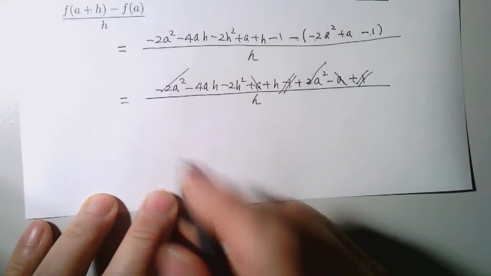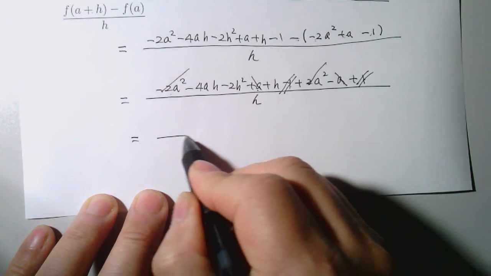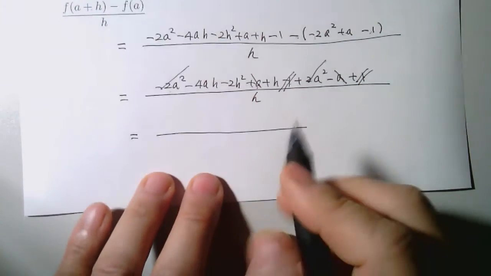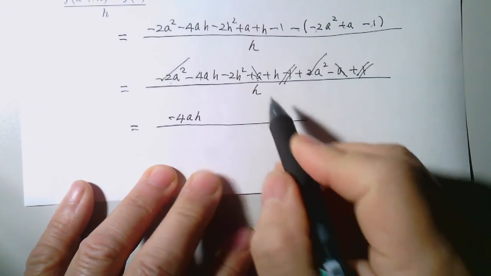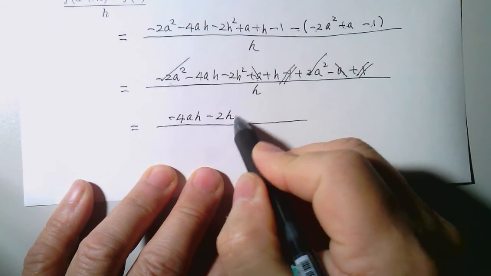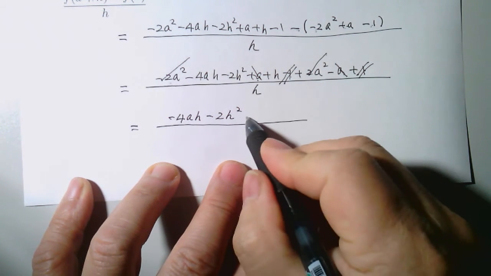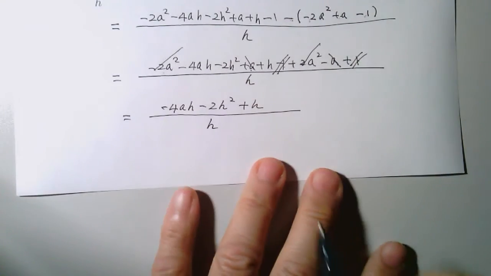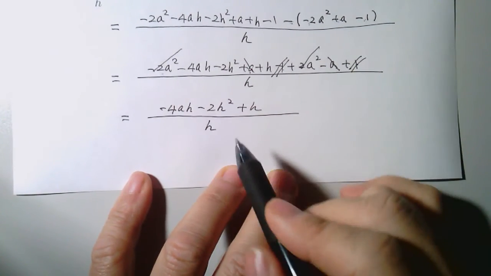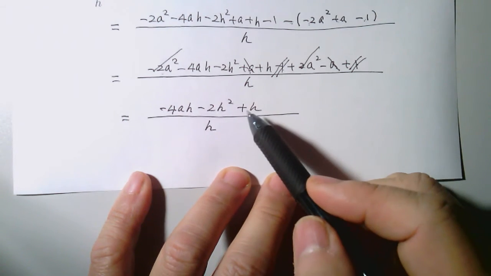Now let's take a look at what is left: negative 4ah minus 2h squared plus h, divided by h. And remember, when we evaluate this, you have to simplify this here.